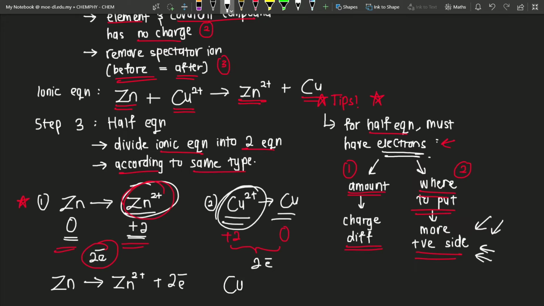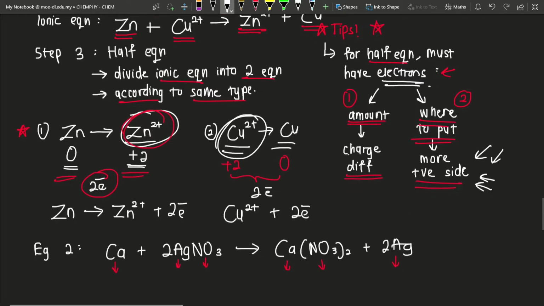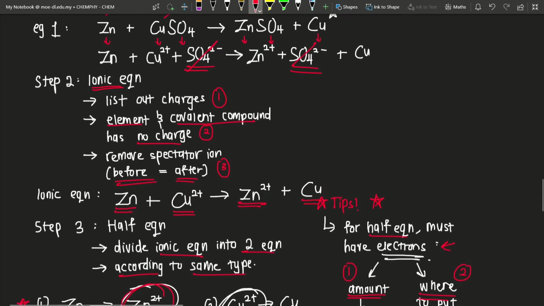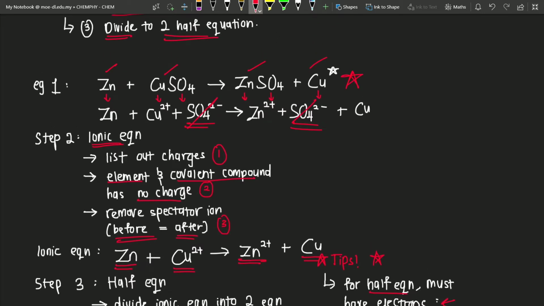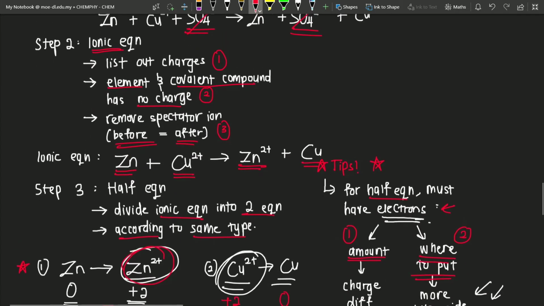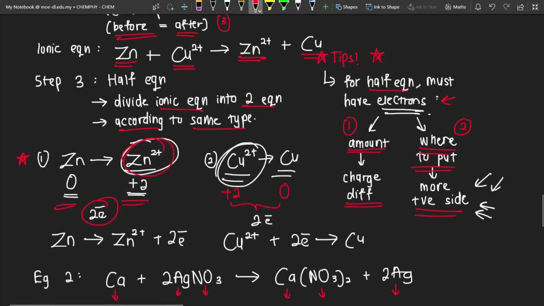So it will become Cu2 plus 2 electron to produce Cu. So that is how you get our half equation: from the first step, you take a look at the balanced chemical equation, and then you convert it to ionic equation, and at last you get your half equation, this one.